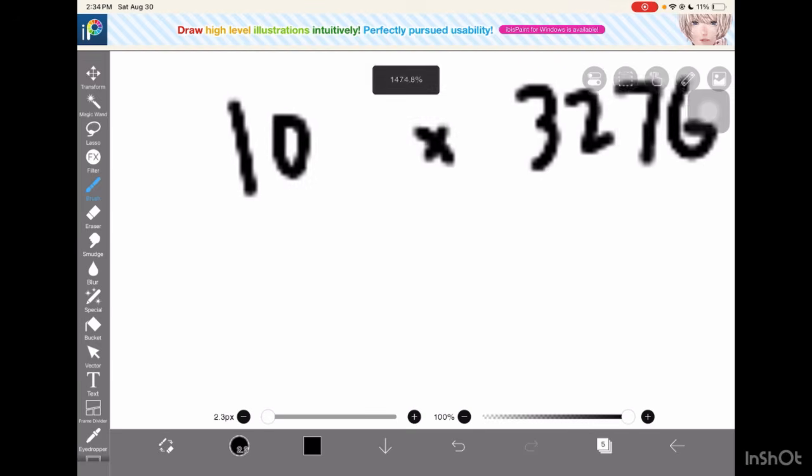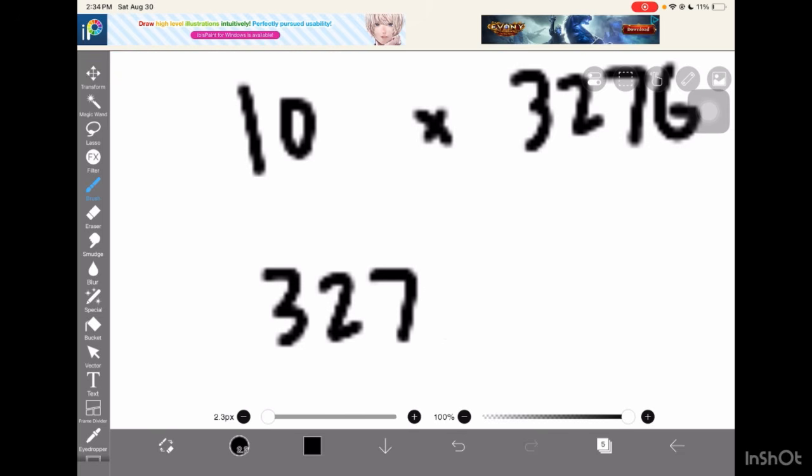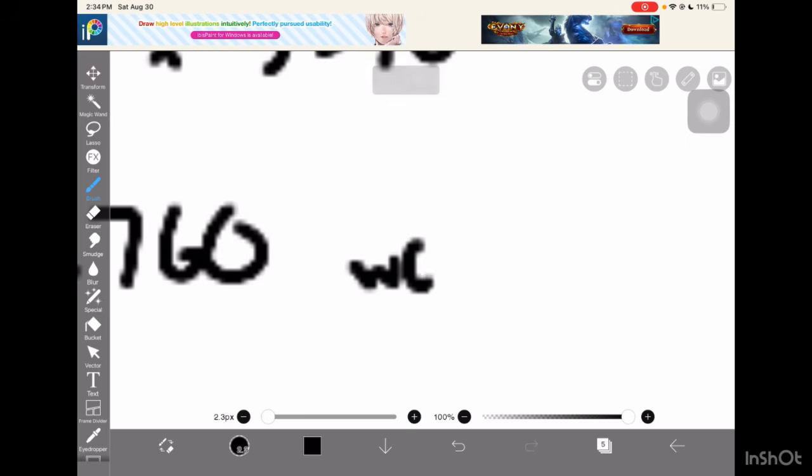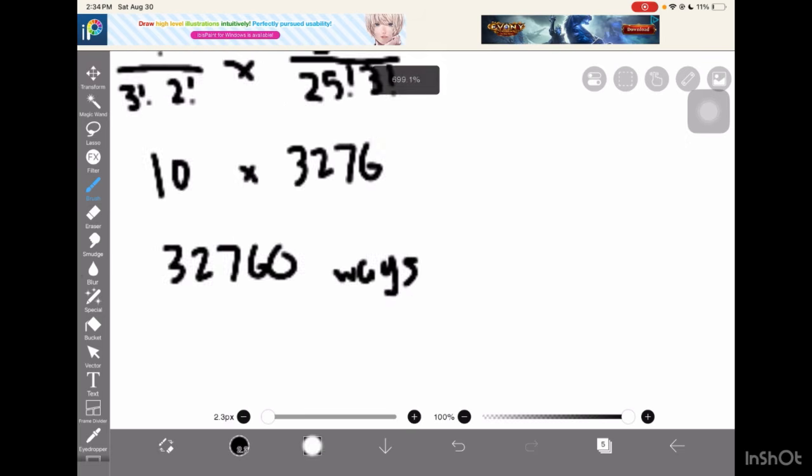Then multiplying 10 by that gives 32,760 ways. And that's our answer for number 55.